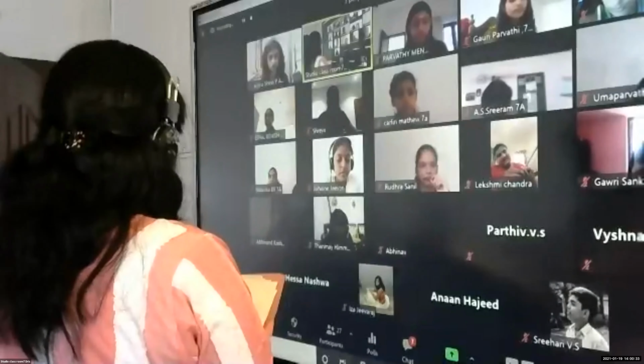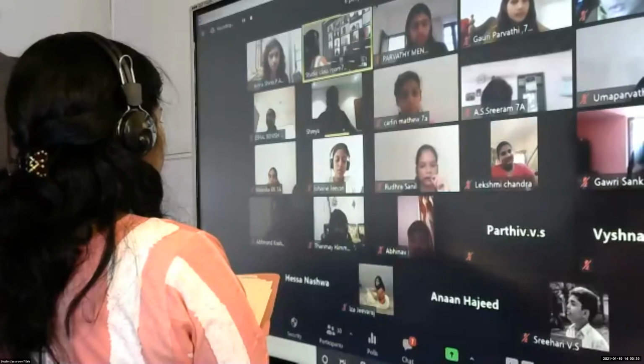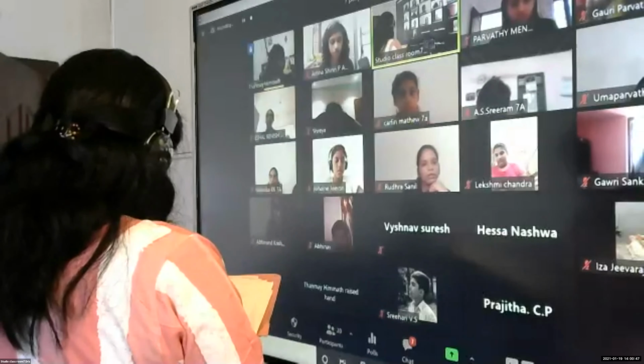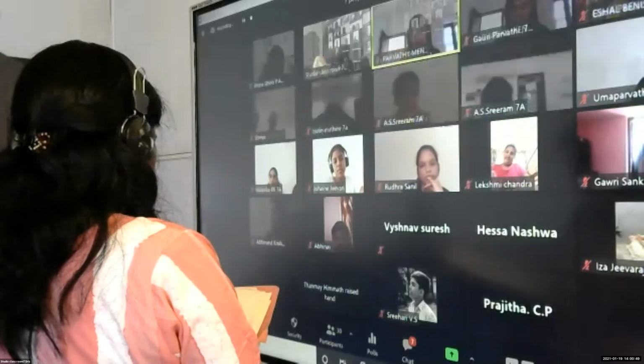Rudra is present. Shifana. Absent. Shreya. Present, ma'am. Srihari. Present. Tanmay. Present. Uma is present. Uma Parvati is present, no? Vaishnav Suresh. Present.